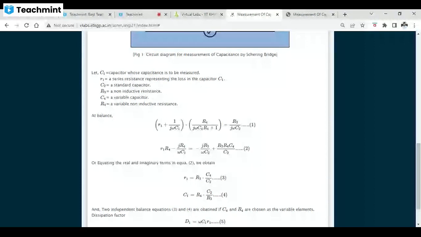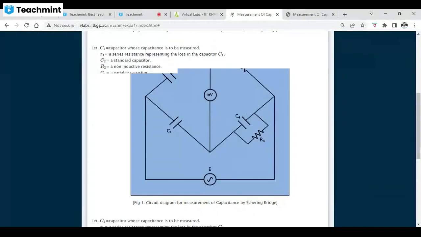Now the dissipation factor is obtained from the bridge. This is the basic part of the bridge.